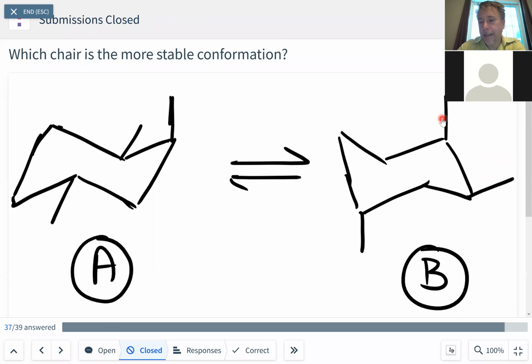And the chair on the right, we've got an axial methyl group here, and we've got an axial methyl group here. So this one will be interacting with the proton on this carbon and the proton on this carbon, whereas this will be interacting with the proton, which would be here, and the proton, which would be here. So B has got 2 of these destabilizing interactions, whereas A has only got 1.